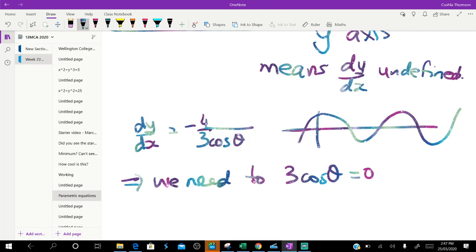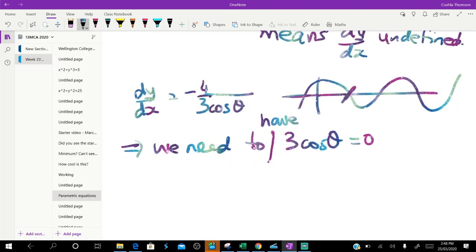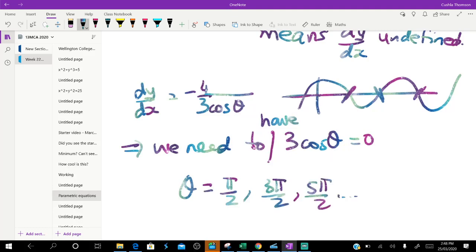So Cam, it's not going to be tan theta equal to 0, it's going to be cos theta equal to 0. Right? We need to have 3 cos theta equals 0. When will that happen? Well, we've got pi on 2, 3 pi on 2, 5 pi on 2, and so on.